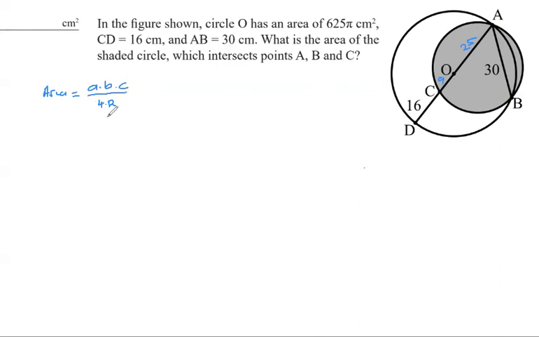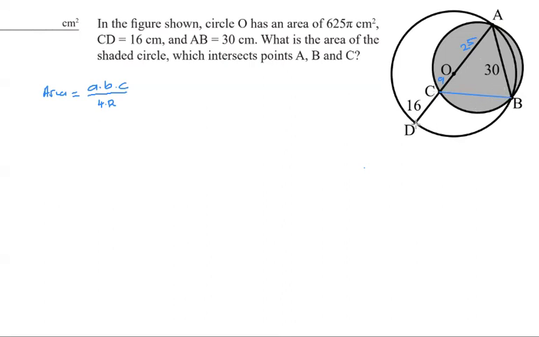If I want to find it, I need the 3 sides of the triangle ABC, so I do need to know BC as well. I know AC, I know AB. If I know BC, then I can find the area, because area is also easier to find when you have 3 sides, and then find the radius. So now let's look at what we can do to find this BC.